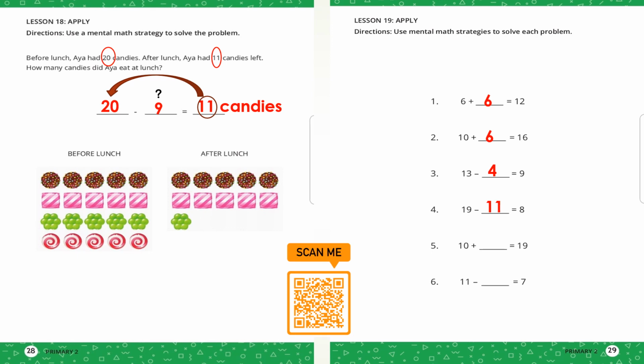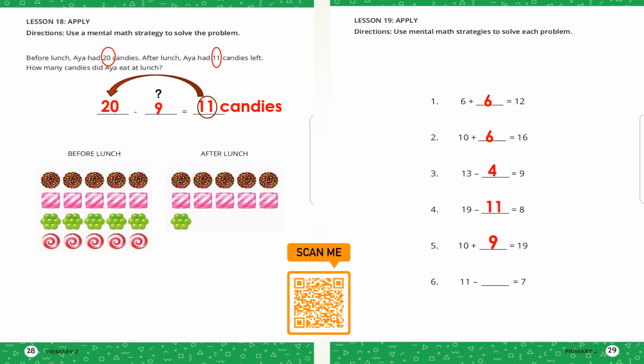Okay, the next one. 10 plus what equals 19? We can solve it by making 10 strategies. If we add 10 plus 9 equals 19, okay? We can also find it by counting from small to big.